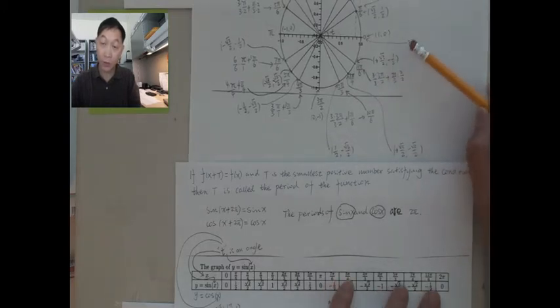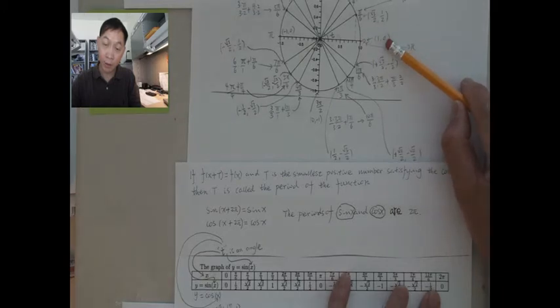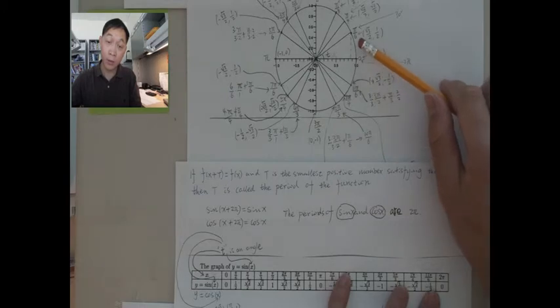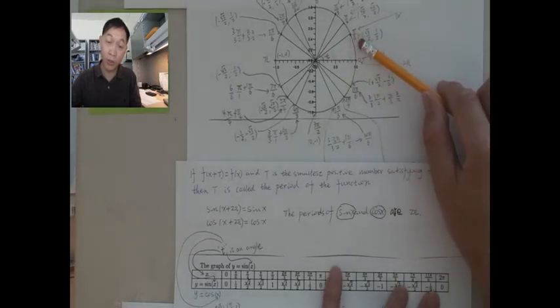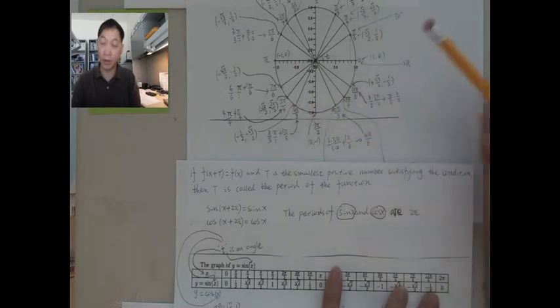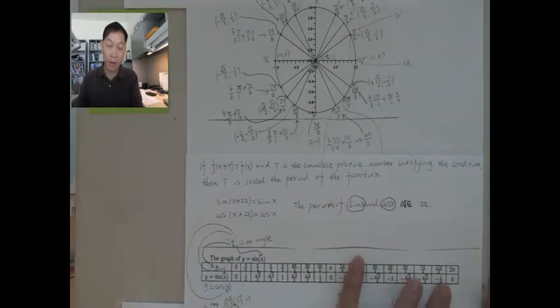It goes back to 2 pi. Y coordinate is 0. You may add another 2 pi for pi over 6. But then for every 2 pi you will have the same y coordinates. Okay? Alright.